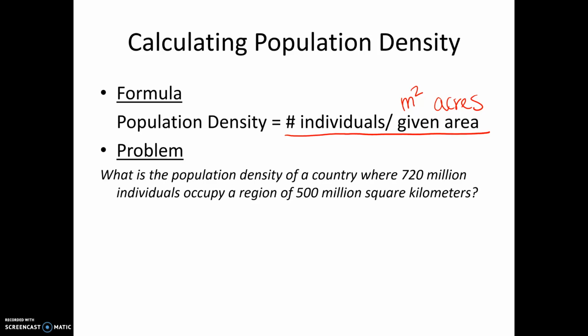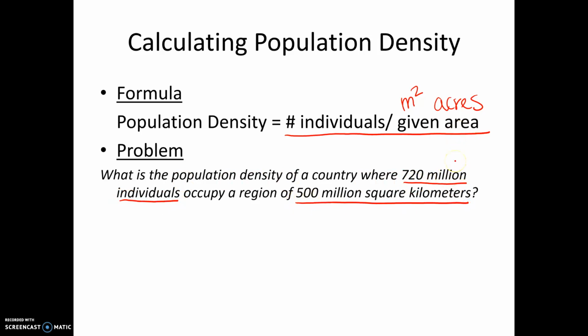However, sometimes reading through your problem will get you a little bit confused, and you have to shuffle this around and everything. And I also want to make sure that I give you examples on how I want to see your work being shown. Even though you do have a calculator, you still do have to show your work. So let's look at this first problem. What is the population density of a country where 720 million individuals occupy a region of 500 million square kilometers?